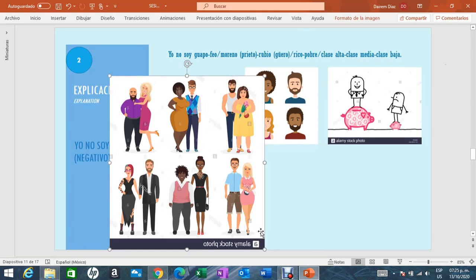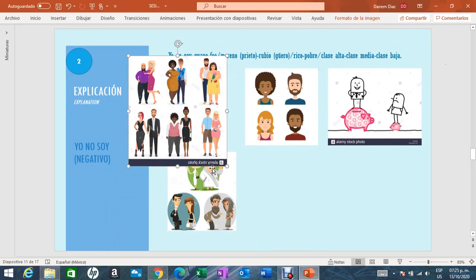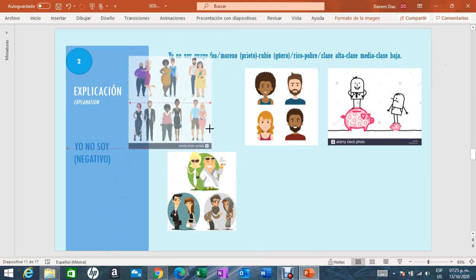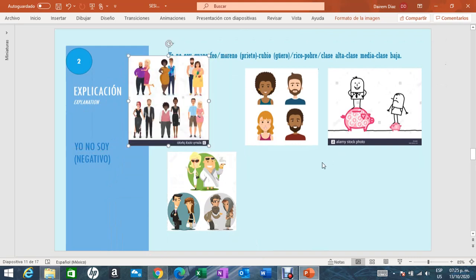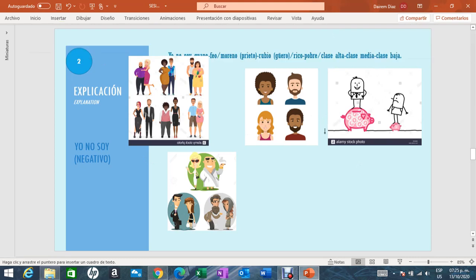Then we have rico, pobre. That is the image that I have here with two kids with a piggy bank. Piggy bank is called alcancía, where you can put money in to save it.